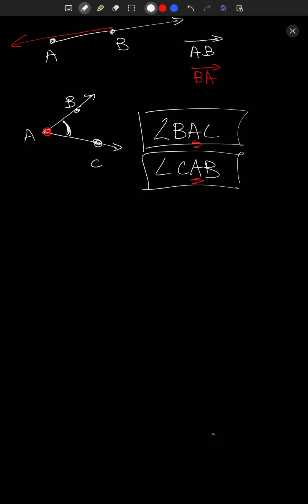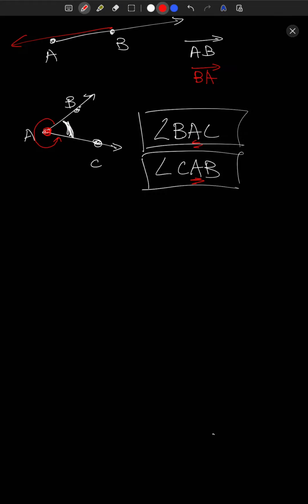By the way, when we talk about angles like this, BAC for example, notice that there are actually 2 angles which can be described in this way. One is the one that I've drawn, this one right here, the one we typically think of when we say the word the angle. The other one is the one that goes all the way around, the other angle on the other side.